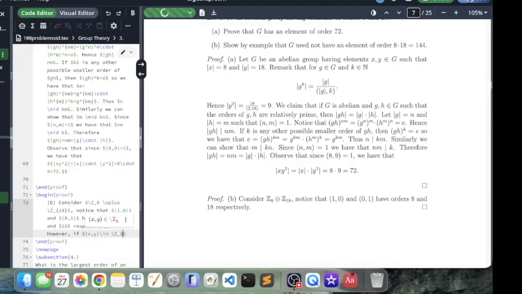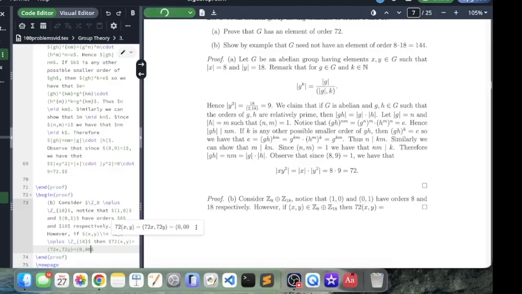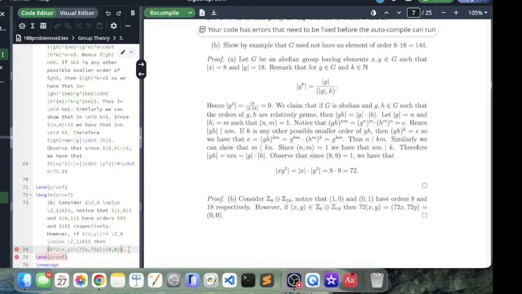If (x, y) is some arbitrary element from this direct sum, then if we multiply by the least common multiple of 8 and 18, that'll definitely give us 0, which 72 is the least common multiple. 72 times (x, y) is equal to (72x, 72y), which is equal to (0, 0), the identity.